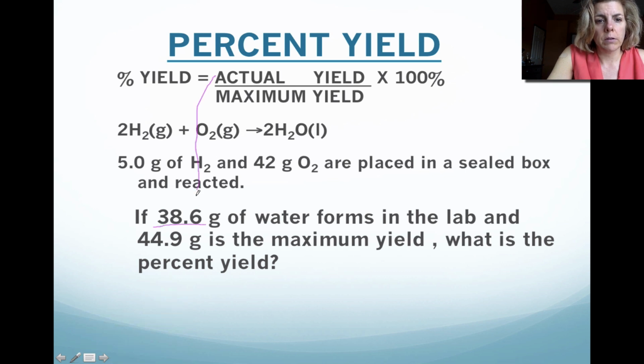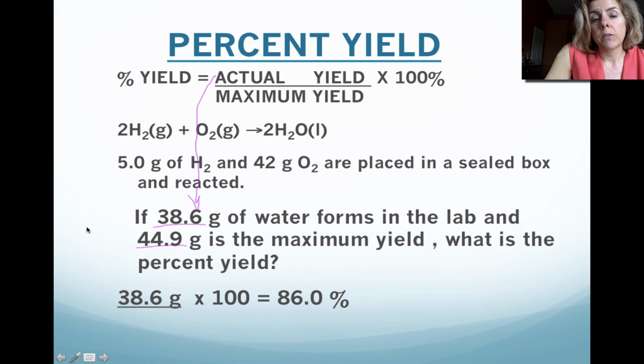So actual yield is right there. 44.9 is what this person calculated based on the 5 grams of hydrogen. So they want to know, what is the percent yield? The nice news is that all you have to do is take this divided by that times 100, and that'll give you the percent yield. So when we look at our equation here, we get 86% based on the data that they gave us.